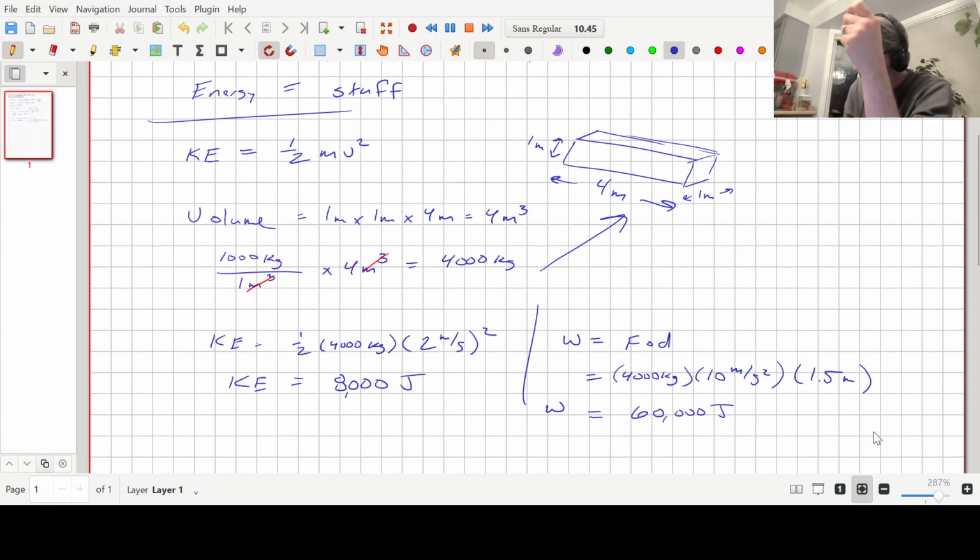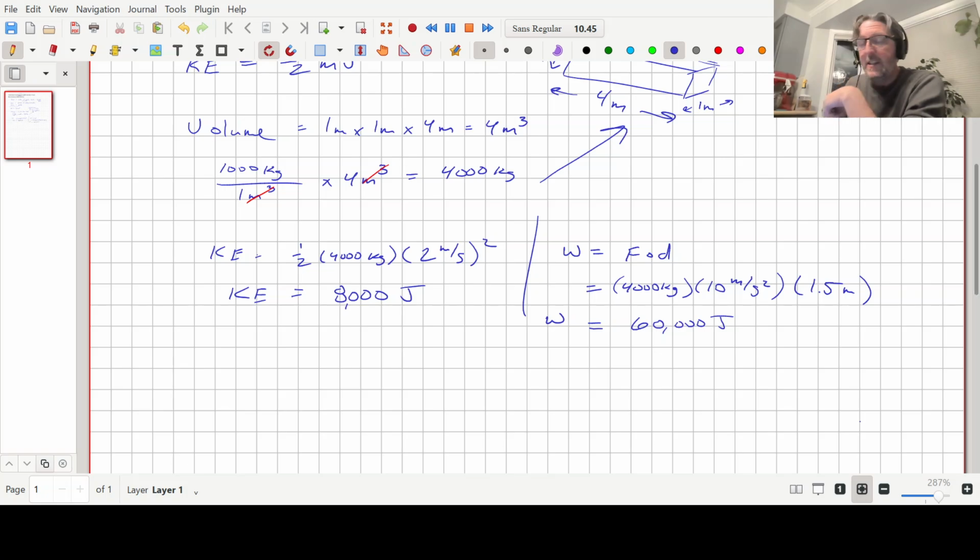So one of those rectangles gets me 60,000 joules. I'm going to get 2 of them every second. And I also get another 8,000 joules for each one of those little rectangles because of how fast it was already moving.